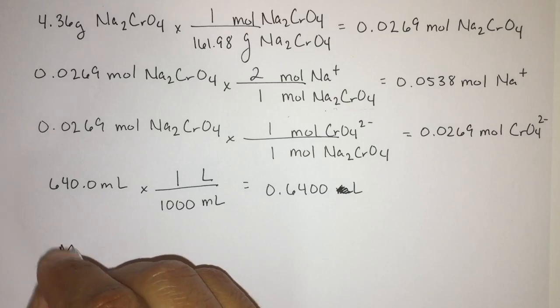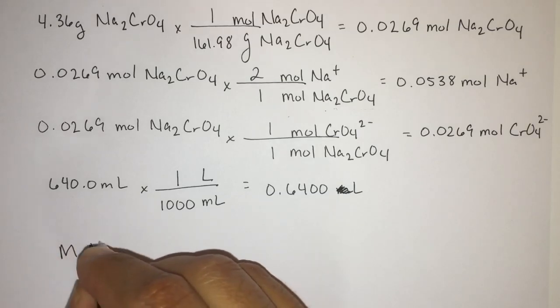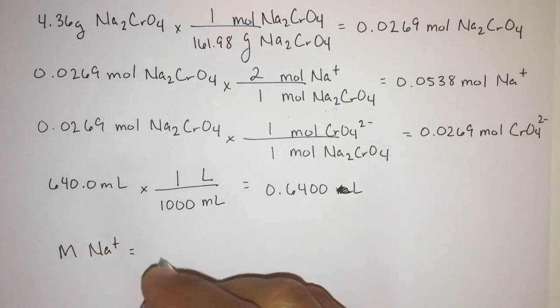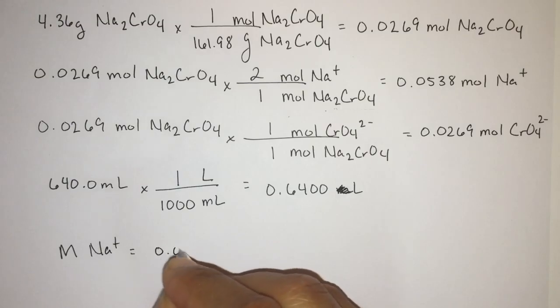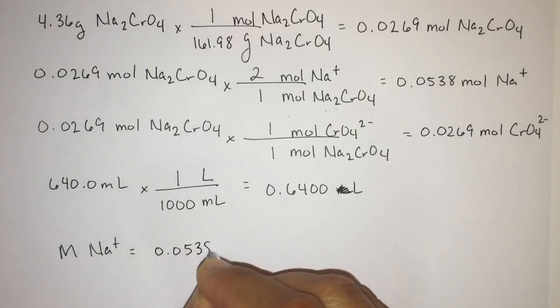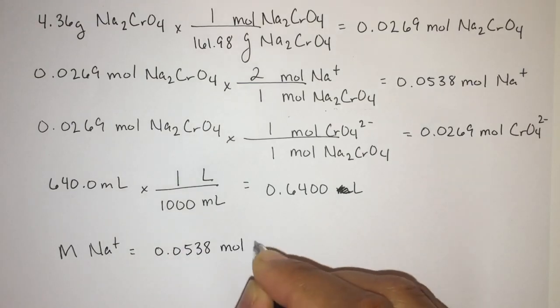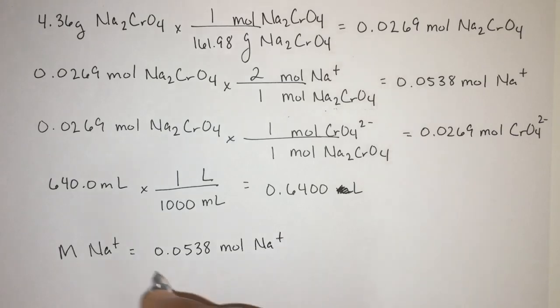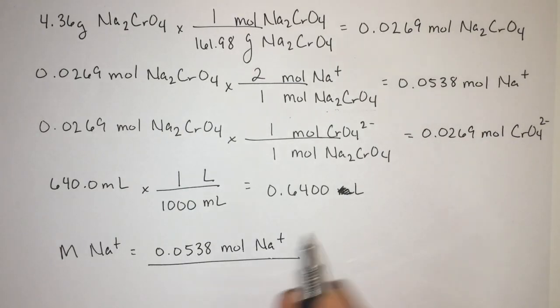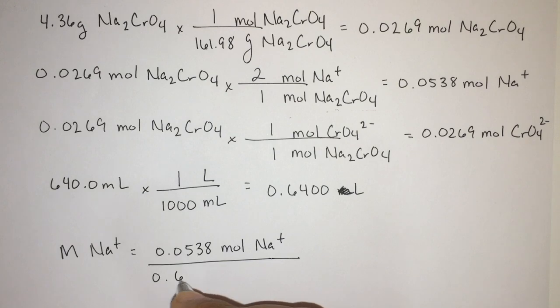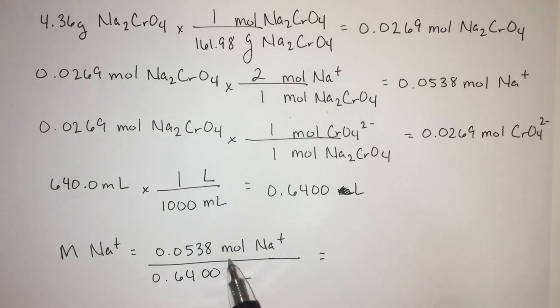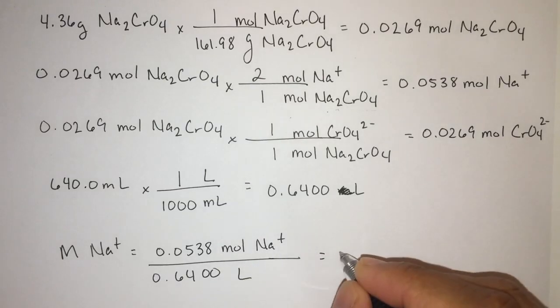So the molarity of our sodium ion is the mole of the sodium ion divided by the volume of the solution. Check those units, mole per liter for sodium.